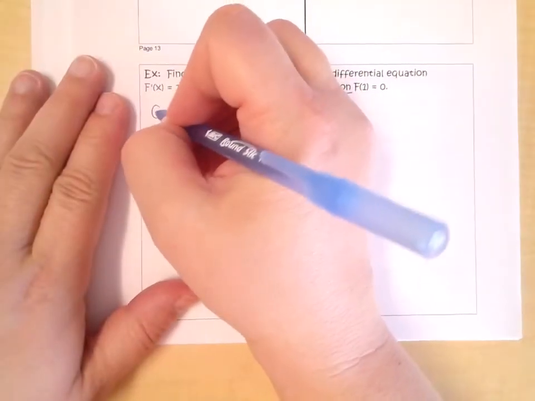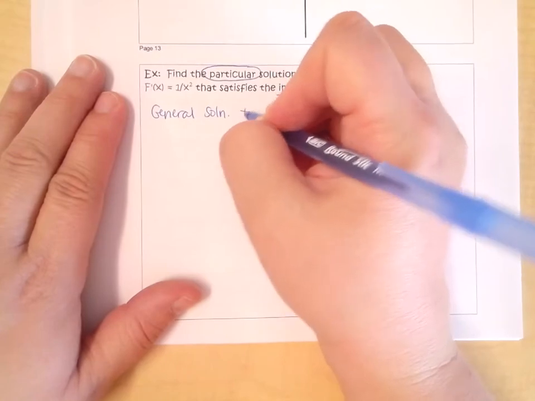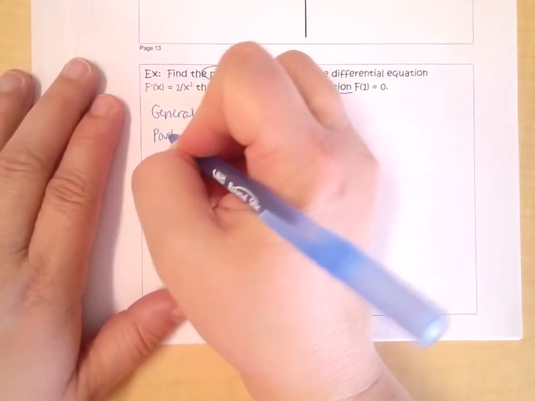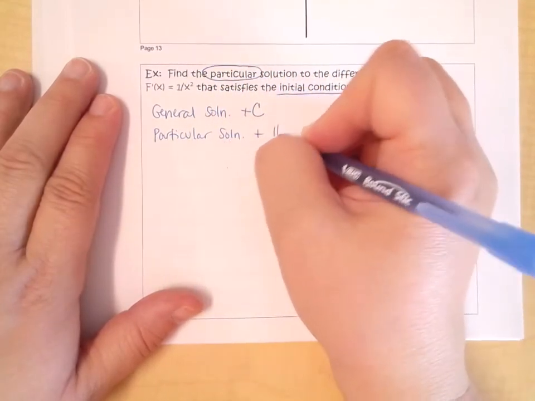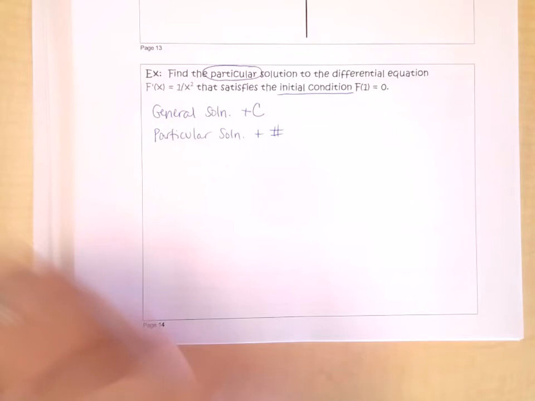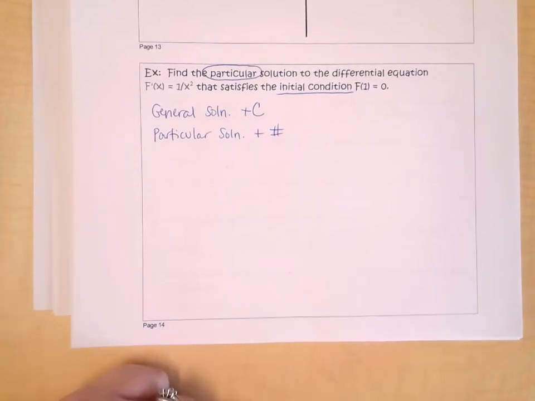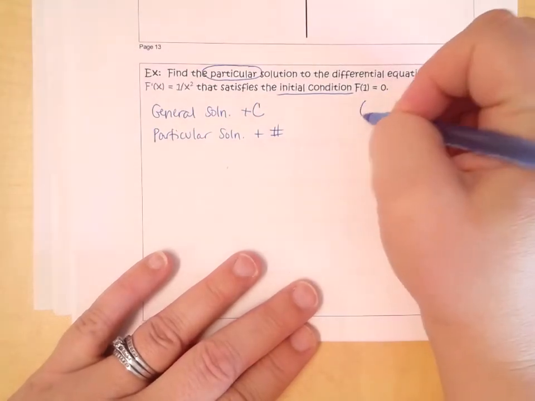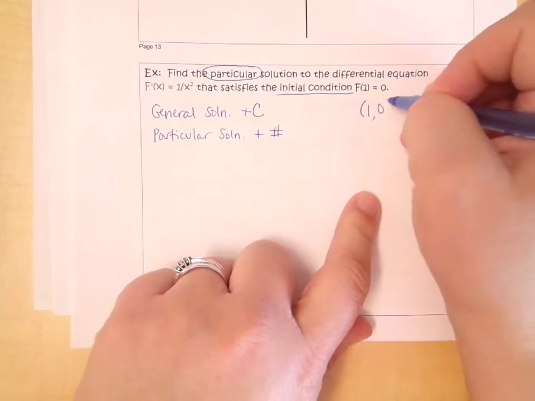A general solution has plus C. A particular solution has plus whatever that specific number is. And we're going to be able to figure out what that specific number is with the initial condition. By the way, this is another way to write when the x value is 1, the y value is 0.